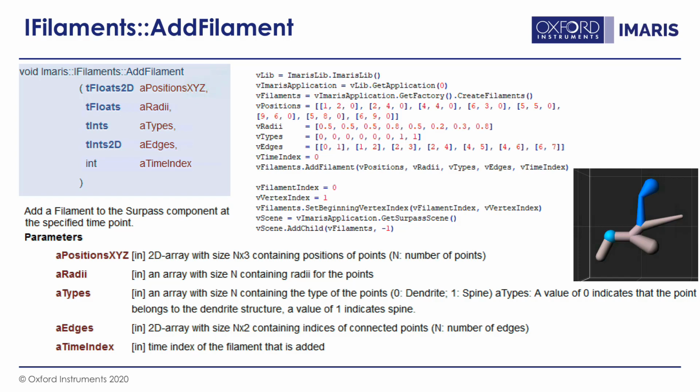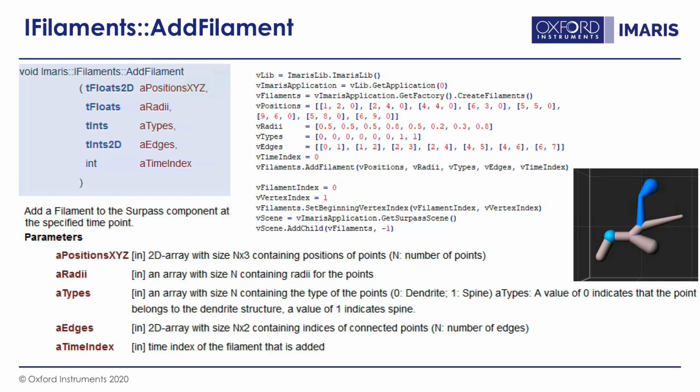In this case, for this method, we also have a Python example that you see on the top right. There, the positions, radii, types, and edges are defined, and then filaments AddFilament is called. This is quite similar to the spots example that we've seen before, with the difference that you have to provide several positions and you also provide the connections between them.